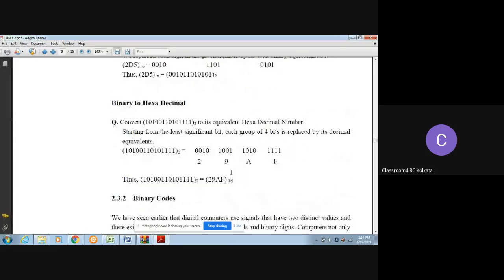Now we come to the octal number system. Octa means the base is 8. In your book you have no octal section, so I want to write down from my book.